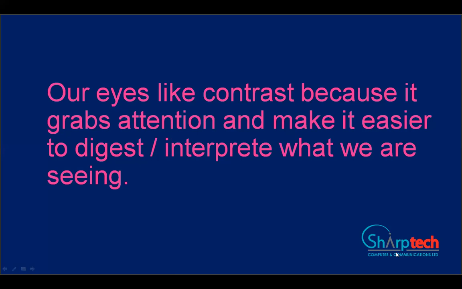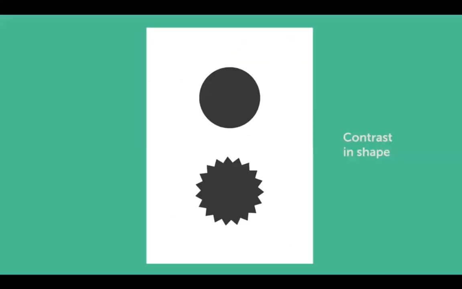Do you see this logo? It has some aspect of contrast on it. You can see the SH, RP, tech, they have a different color. Meanwhile, this A and this line, it is a little lighter.